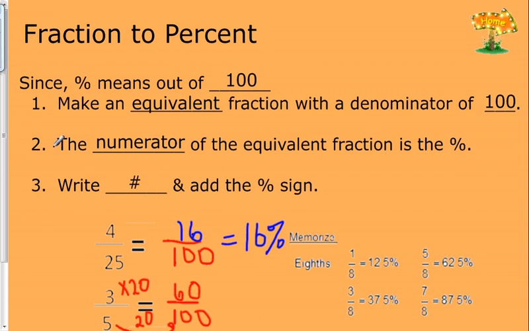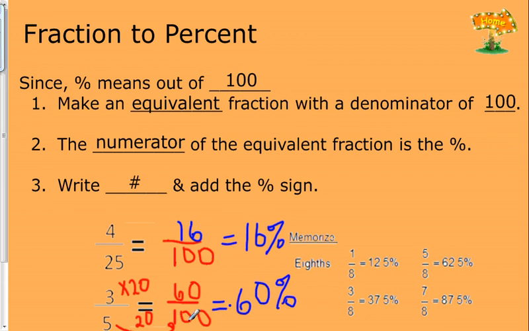Again, for step 2, the numerator, which is your top number, is our percent. So we got 60 as our numerator, so we'd have 60%, which we need to ask ourselves, is that reasonable? Does that make sense?